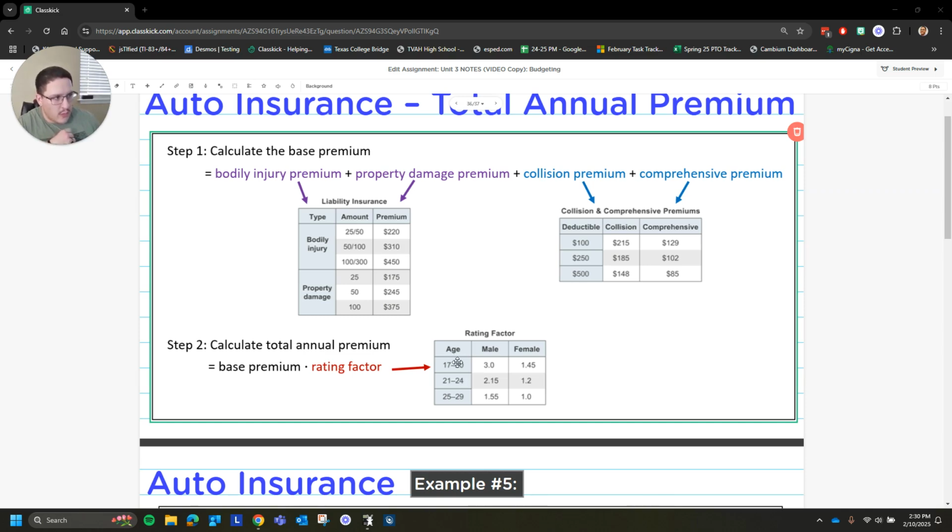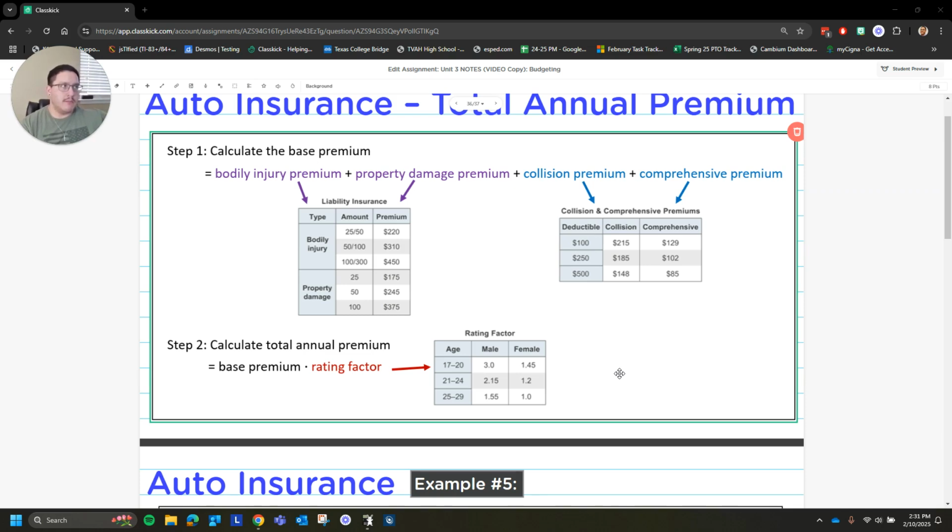So the younger you are, the riskier it is to sell you insurance, because more than likely young people, and especially males, are going to get into more accidents than females. So you can see that the rating factor for males at 17 to 20 is higher than that of females. And they continue to be higher than females all throughout, because statistically males get into more accidents than females.